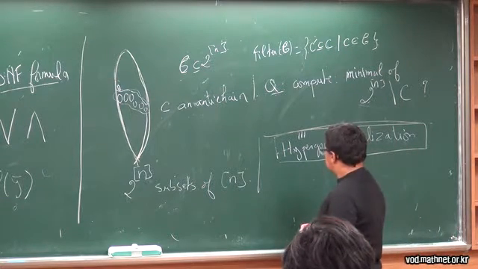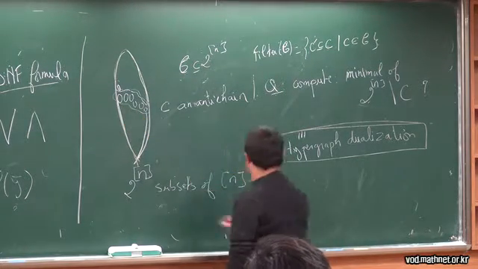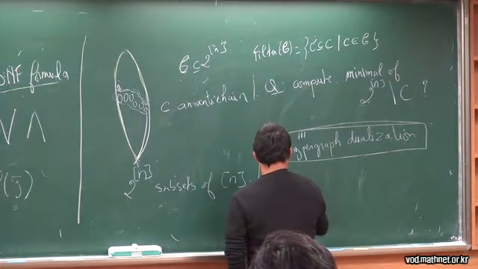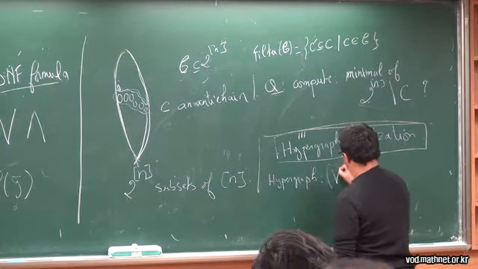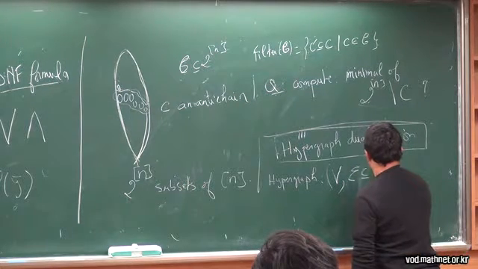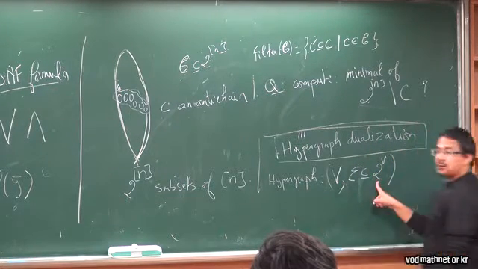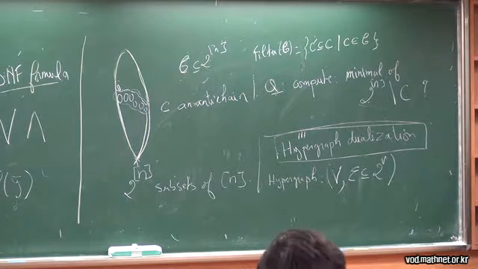Why? Because okay, you have a hypergraph. So a hypergraph is just a set V and a collection of subsets of V. That's what we call a hypergraph.